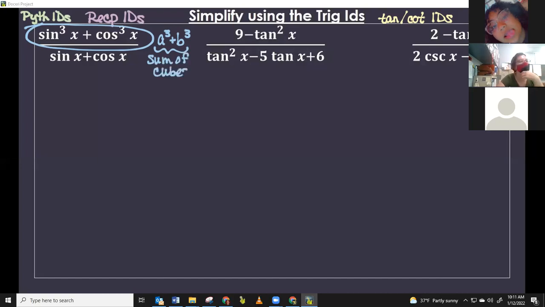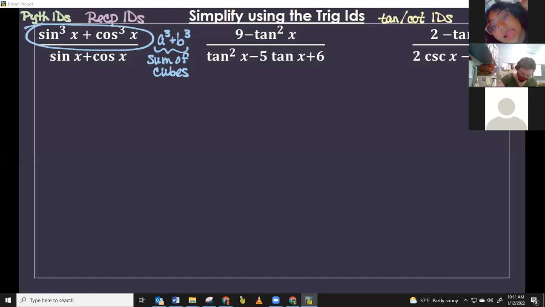How does a sum of cubes factor? You guys remember doing sum of cubes? Sums and differences of cubes? We had a 4-letter acronym to help us remember how to factor a sum and difference of cubes.